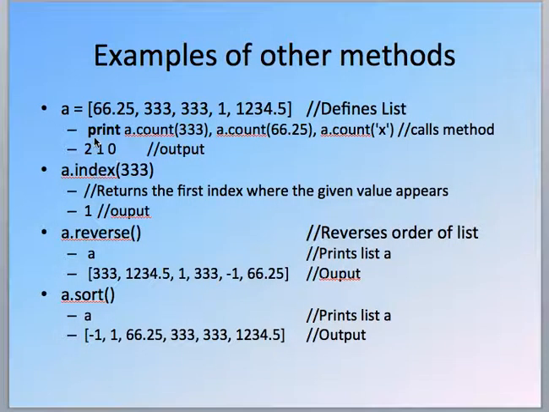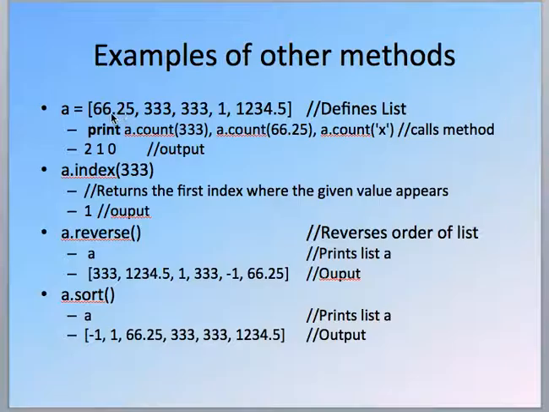Here are some examples. You can see we've got numbers in here, and some of the functions that come with lists. There's a lot of different functions you can get out of it. This will count the number of times 333 shows up, the number of times this shows up, and the number of times that shows up. You can see it shows up twice, which it does.